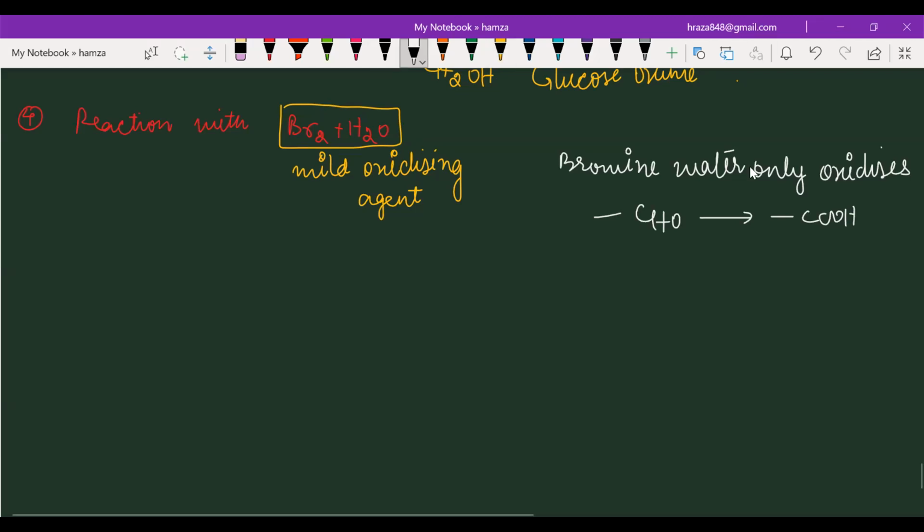Okay, so you can see the reaction first, then you can write CHO and then OH, and then H, then OH, and then OH, then H, OH, and then H. And there will be CH2OH.